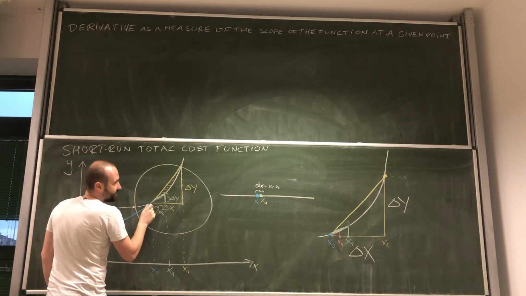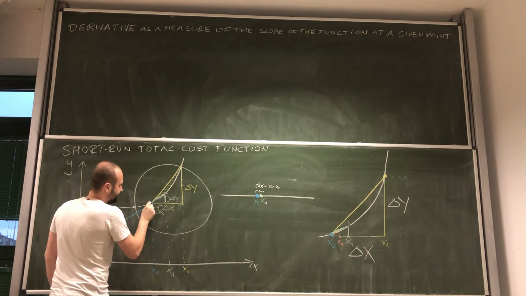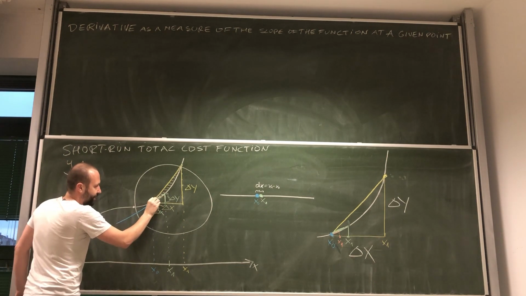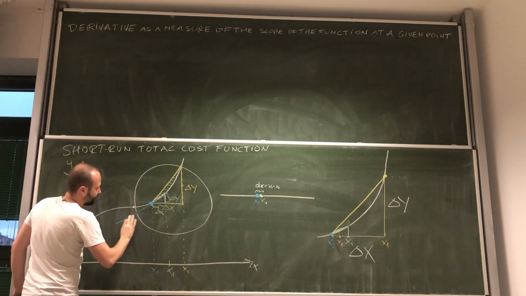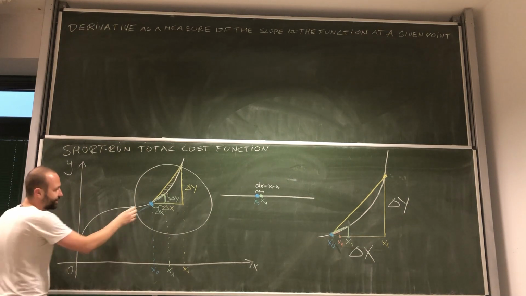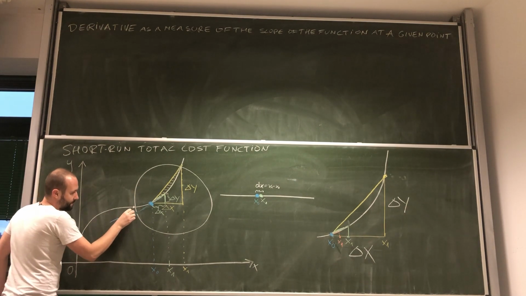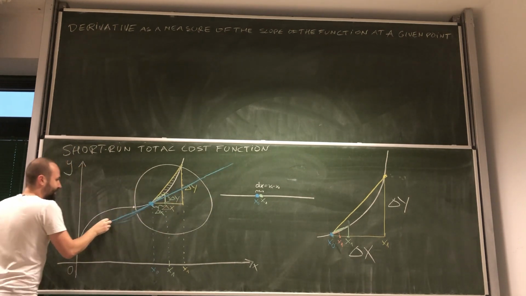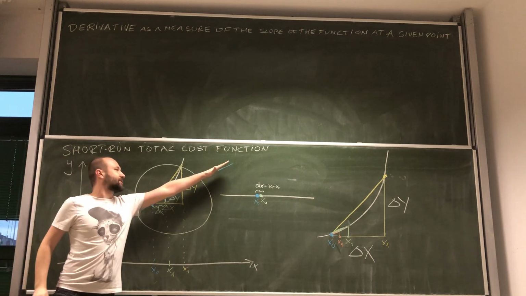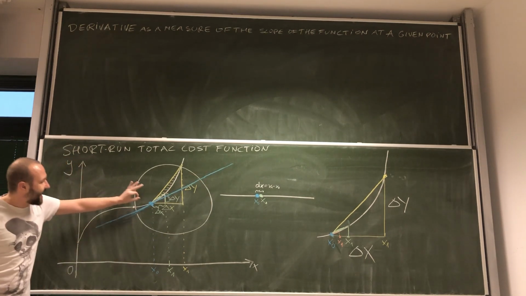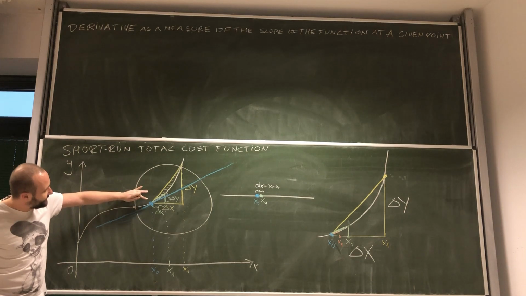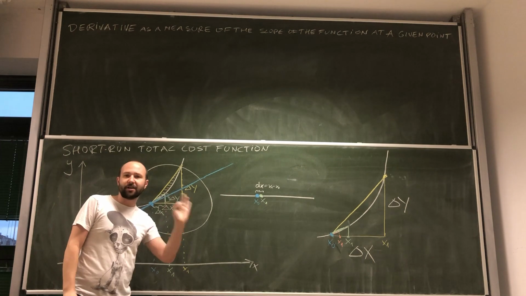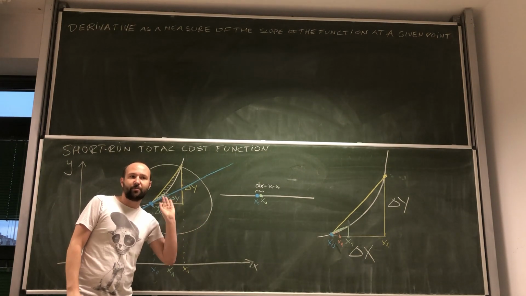I'm sorry, you couldn't see it here very properly, but it's really hard to draw. But look, I could draw a line that is tangent. I would draw a straight line that is tangent to this function. And remember, what tangent means is that it touches the function just in one place.